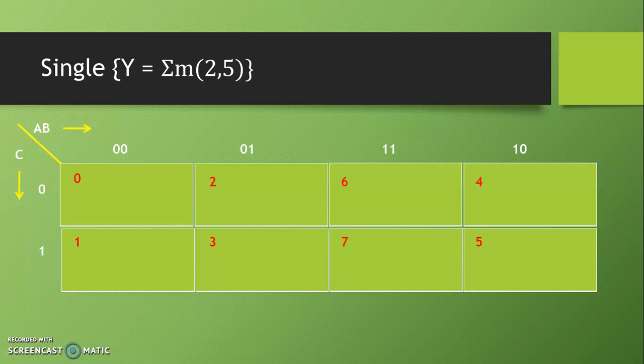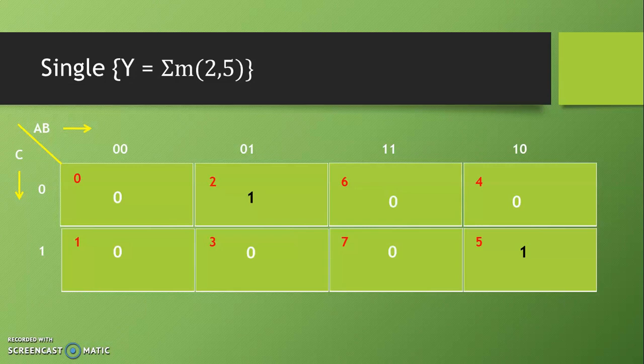In the cells with decimal equivalents 2 and 5, the minterm is 1. So in cell number 2 we write 1, and in the same way in cell number 5 we again write 1. In all other cells we write 0 because the output is 0 for all other combinations.